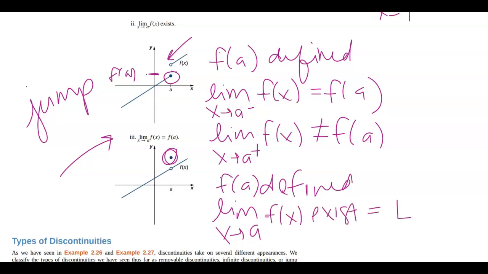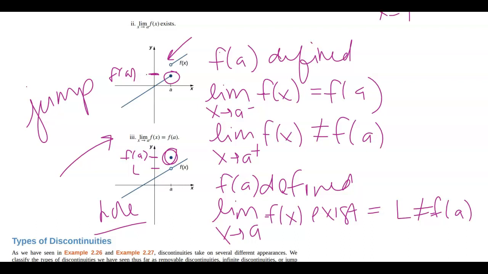Let's call it L, and let's call this f of a. But notice in this graph, those aren't the same. So we still have a hole, but that hole doesn't get covered up by f of a, so I still have a discontinuity here.